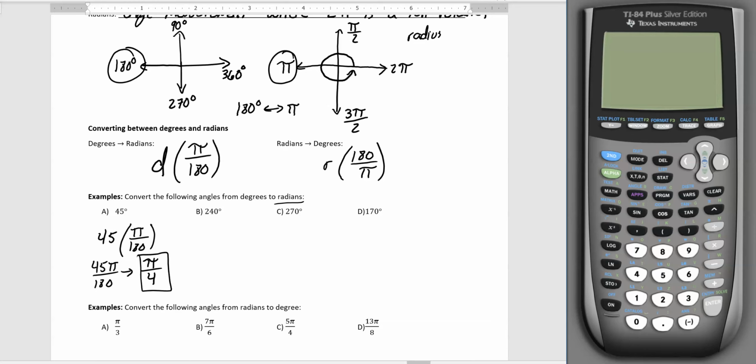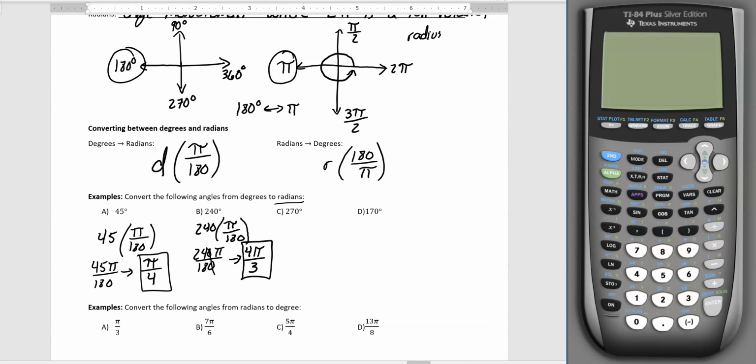So 45 degrees is the same thing as pi over 4. What about 240 degrees? Well, I'd have 240 times pi over 180. So I would get 240 pi over 180. Well, that would be 24 over 18, which would become 4/3. So this is 4 pi over 3.